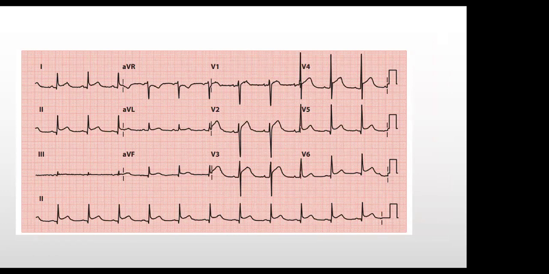So what do you think here? So widespread ST segment elevation, and in V6 the ST to T ratio is more than 0.25.